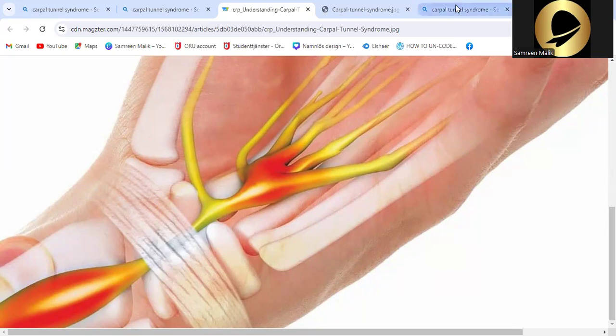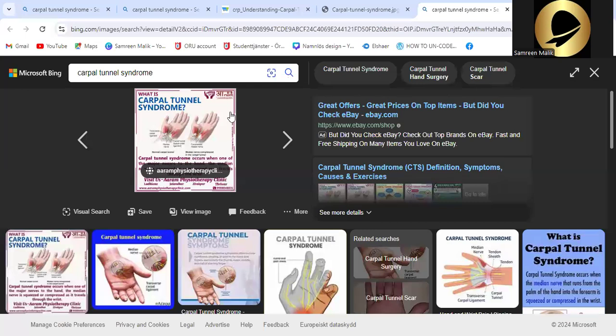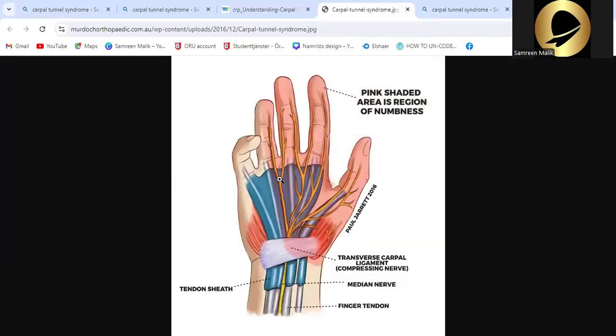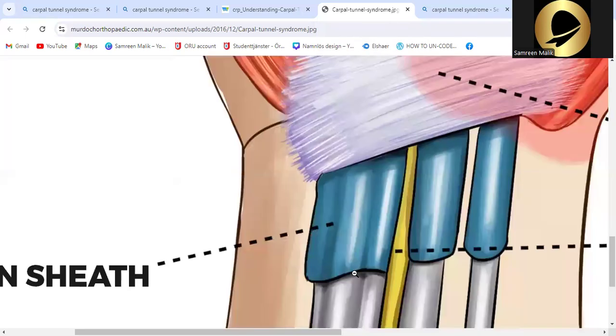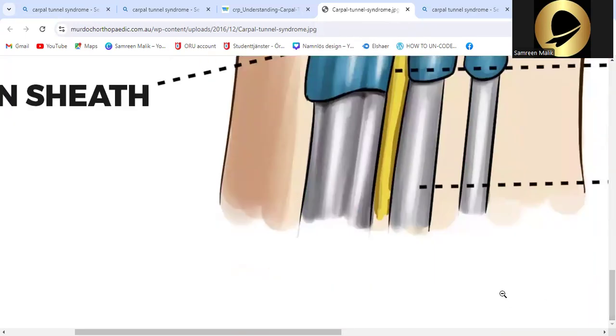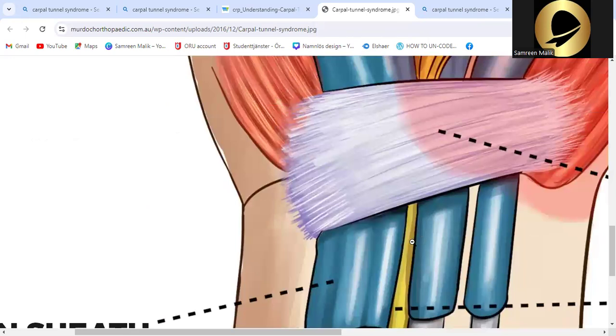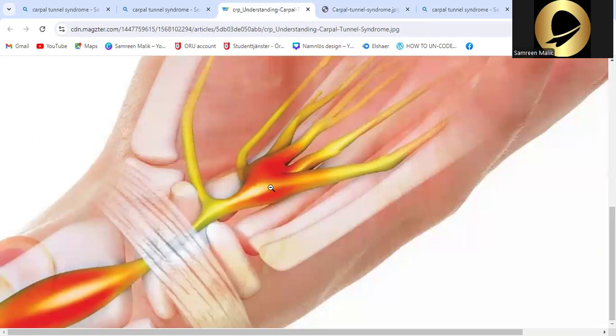In this image you could see the median nerve is passing through, or between, the flexor tendons. Because of this compression, it becomes swollen like this, and that leads to numbness and tingling sensation of all the lateral 3.5 fingers.